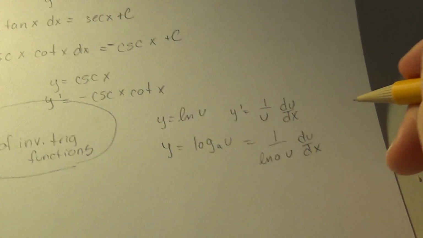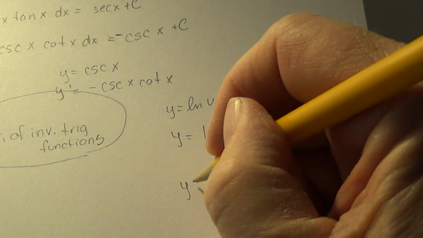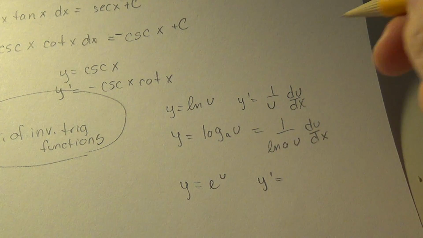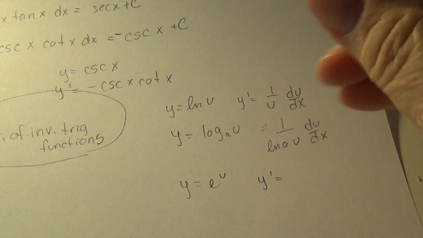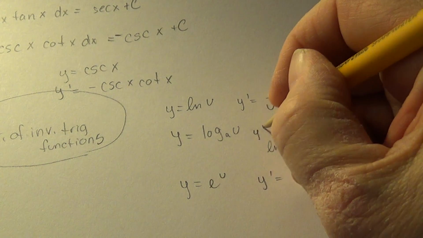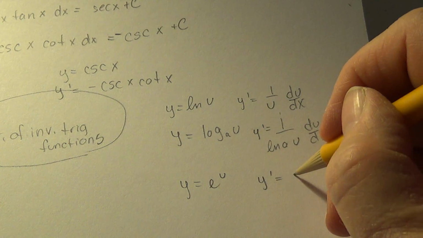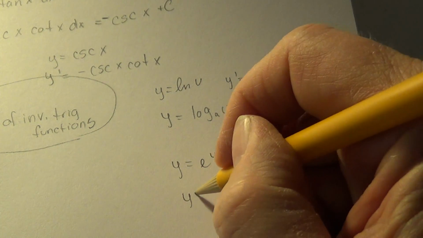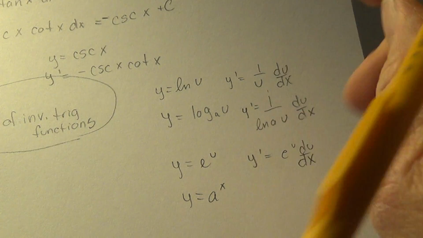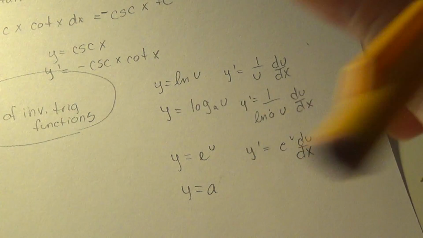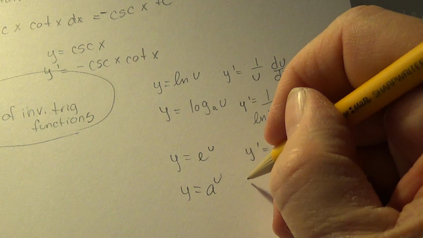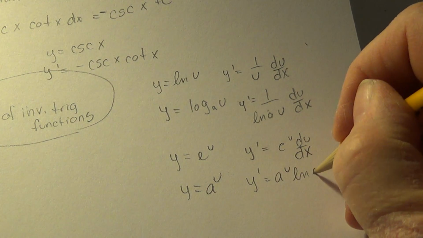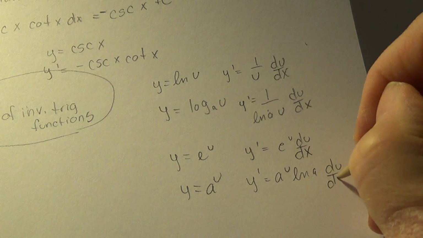So recall that and how to use it. Y equals e to the u, y prime equals e to the u du. And if y equals a to the u, y prime is a to the u ln of a du dx.